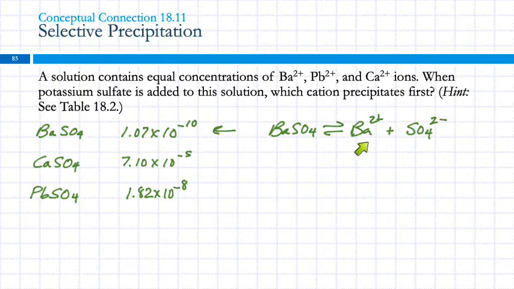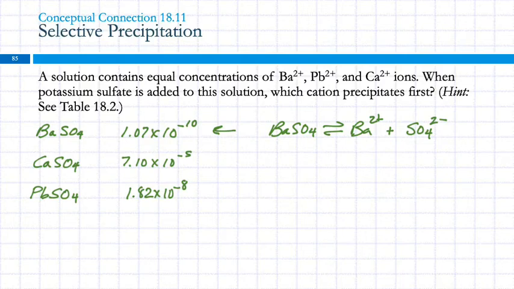When the barium ion concentration times the sulfate ion concentration equals this very small number, precipitate will begin to form. For calcium, that product will be a little larger. So you can add sulfate ion, and you could get barium to precipitate without precipitating the calcium or the lead.